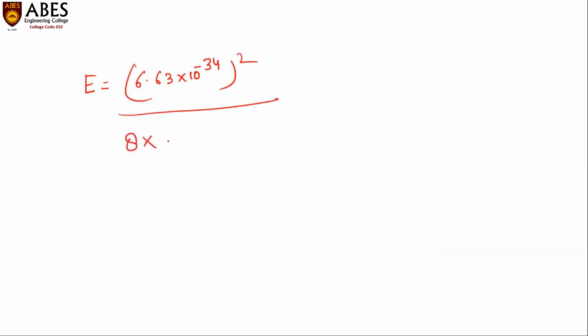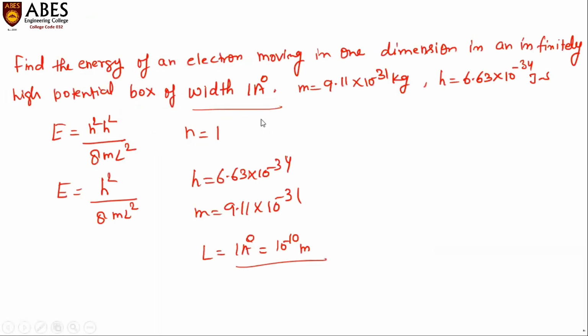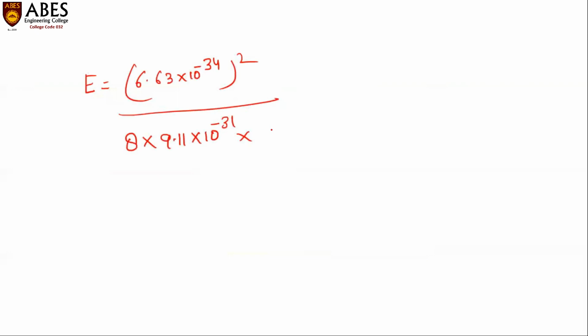So the energy is h square, that means 6.63 into 10 to the power minus 34 whole square, divided by 8 into m, which is 9.11 into 10 to the power minus 31, into the length of the box, 10 to the power minus 10, whole square.